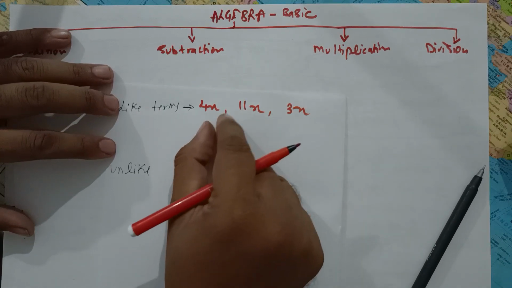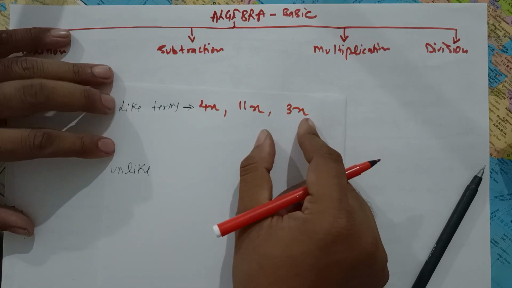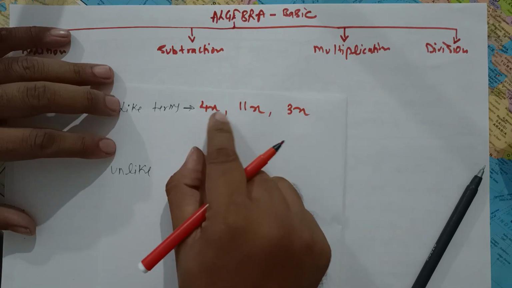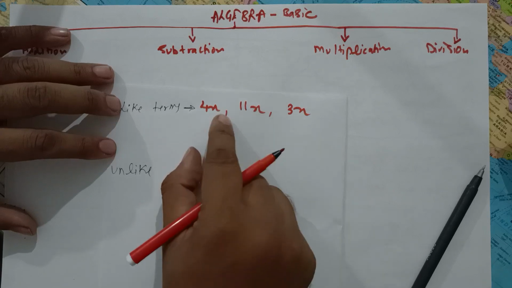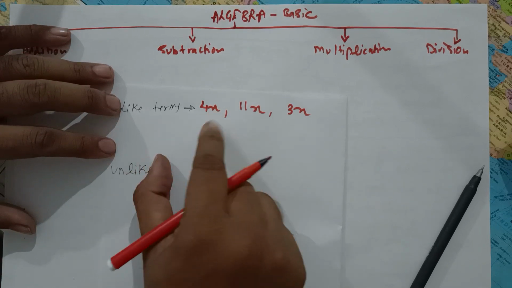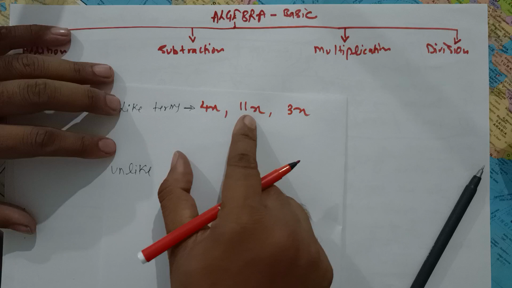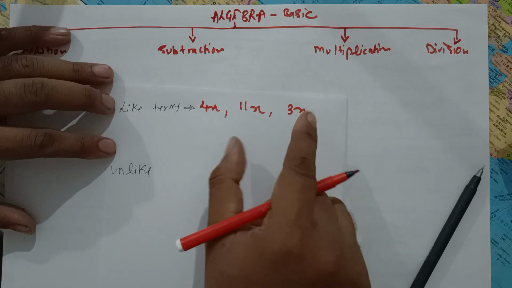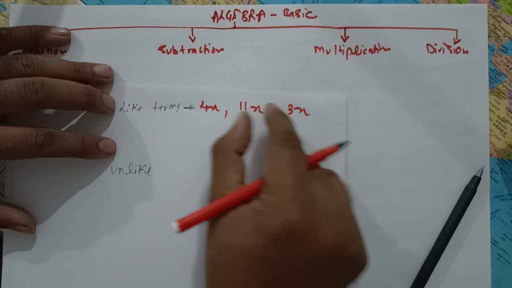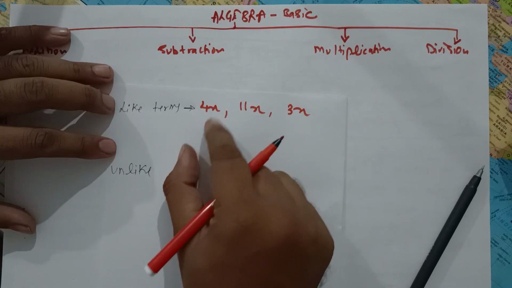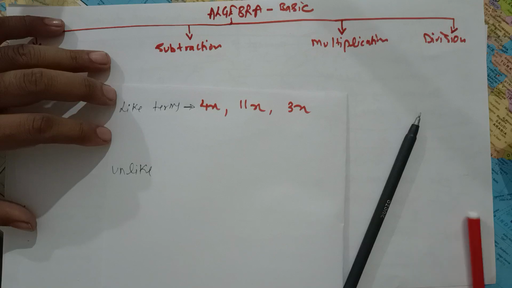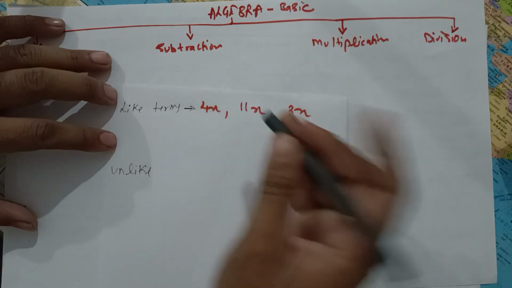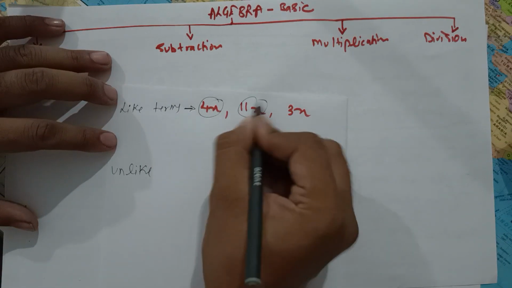Can't you see they look the same? Not really: here it is 4, here it is 11, here it is 3. Forget about the numbers. See the variable, the alphabet. Here is x, here is x, here is x. If we have different terms but the alphabet is the same, then we call them like terms.